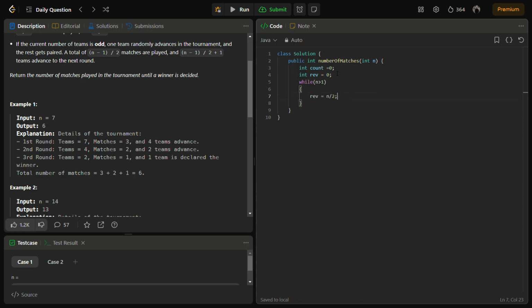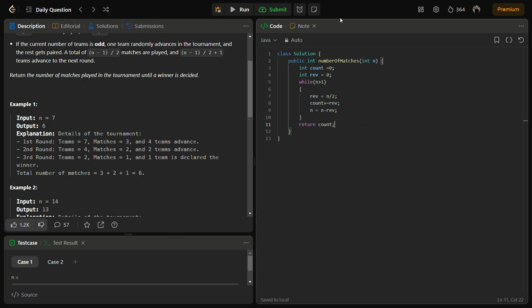So rem equal to n by 2, count plus equal to rem, and we simply return the count.